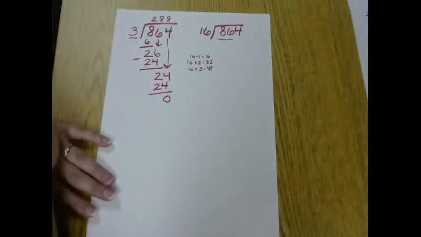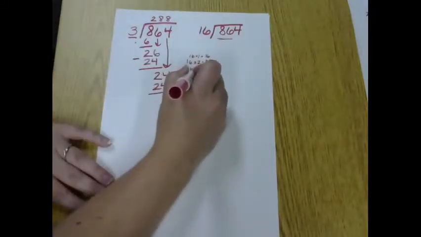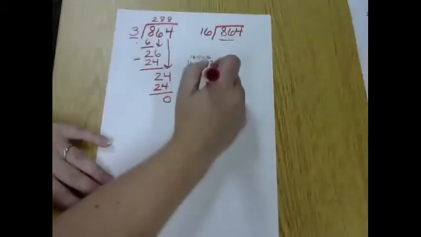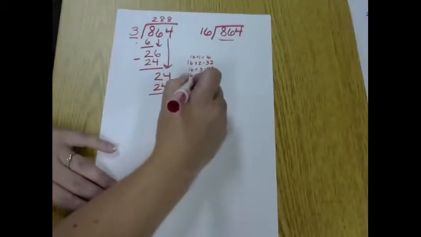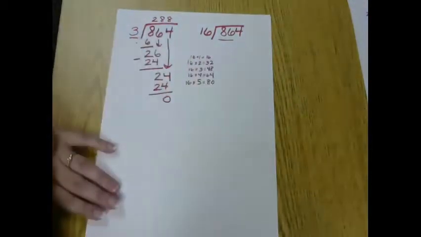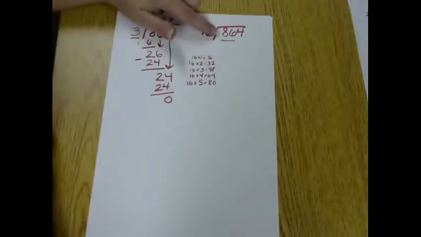Students without a mental strategy are doing traditional multiplication off to the side for every single problem. 48 still not high enough, so I'm going to keep going. Times 4, let's see, we are now at 40 plus 24. I have 64. Ooh, I have a 64 in my problem, but that doesn't help me yet. 16 times 5. Oh, I'm at 80. 80 is pretty close to 86.